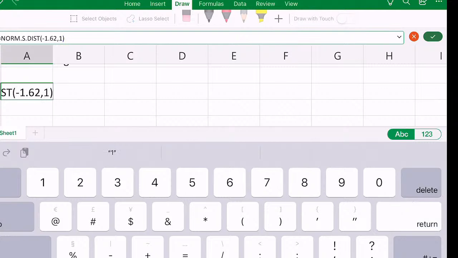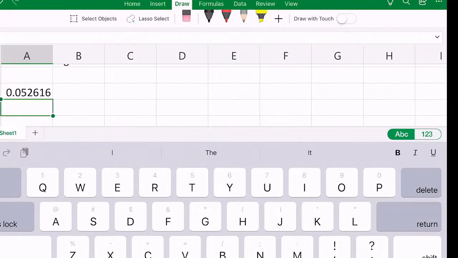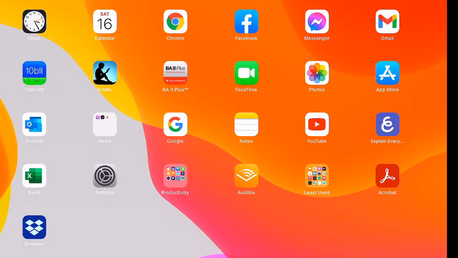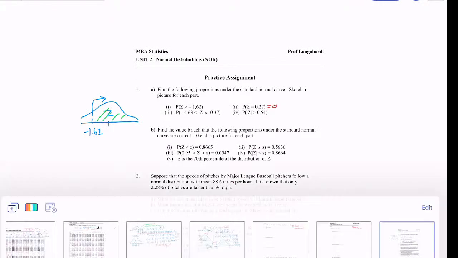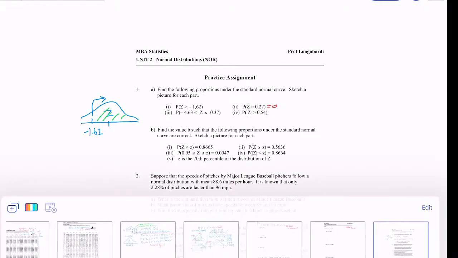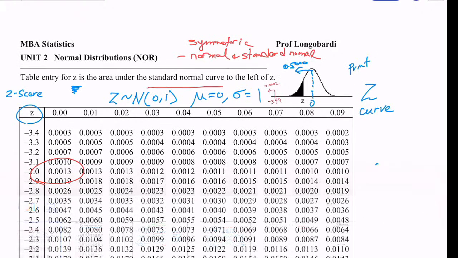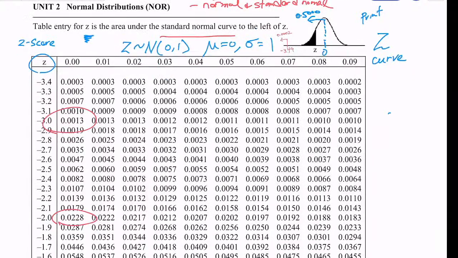So that's the cumulative area, and you'll also get that in the table, 0.052616. If you look on the table, negative 1.62, we should clean this up a bit.